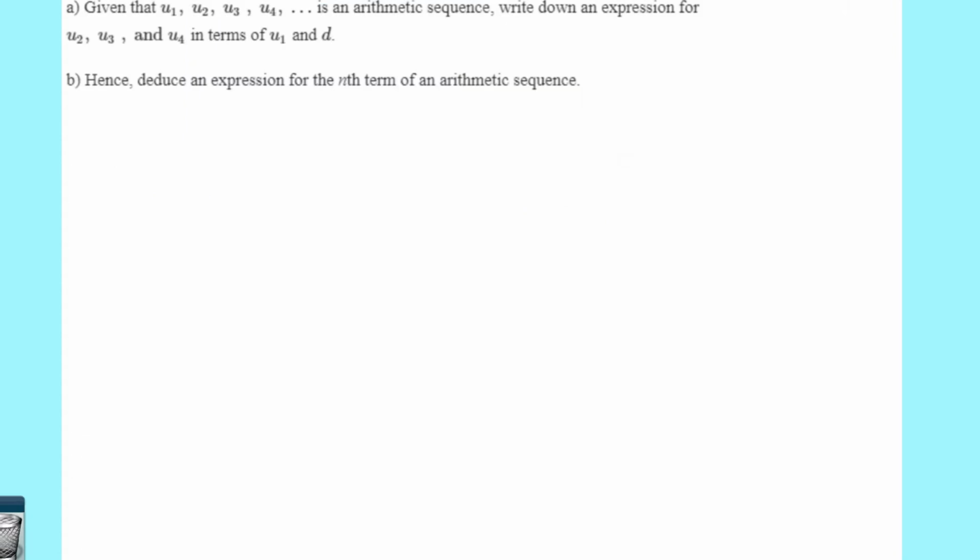Alright, so given that you've got these terms as an arithmetic sequence, write down the expression for the second, third, fourth in terms of the first and D. Okay, so what I mean by that is, this is your first term. You know it's an arithmetic sequence. So to get the second term, you would take the first term and add the difference.